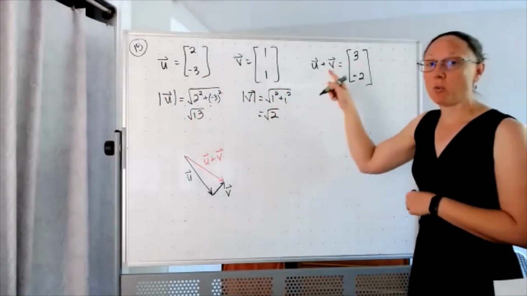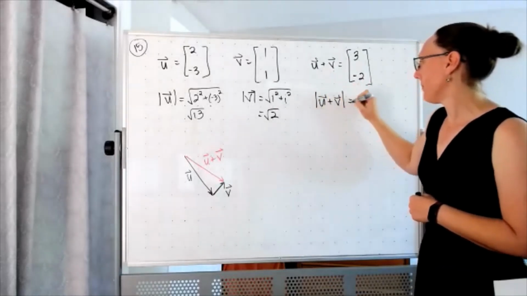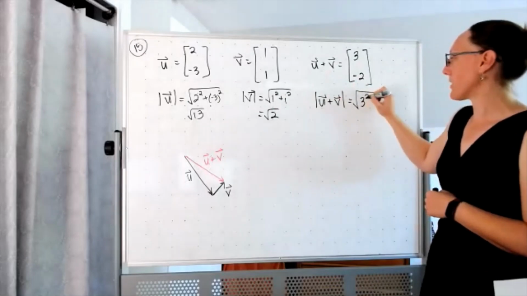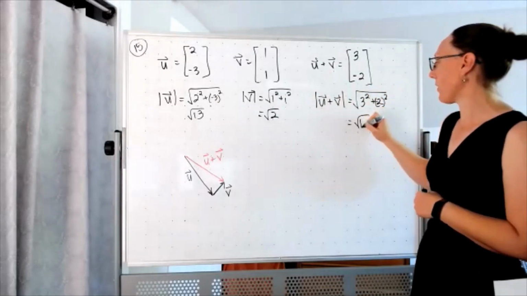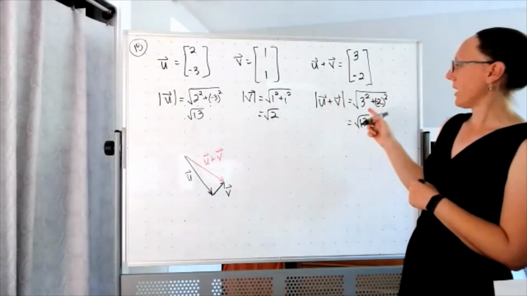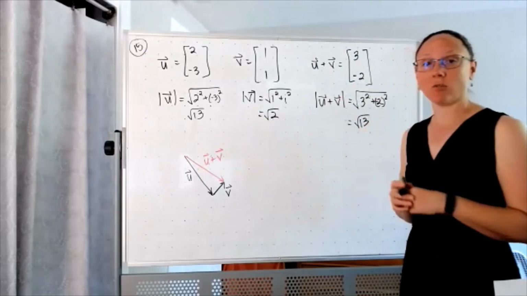And my magnitude of u plus v would be the square root of 3 squared plus -2 squared. So that's the square root of 13. 9 plus 4, yeah, square root of 13. Oh, cool. These two have the same magnitude. That's fun.